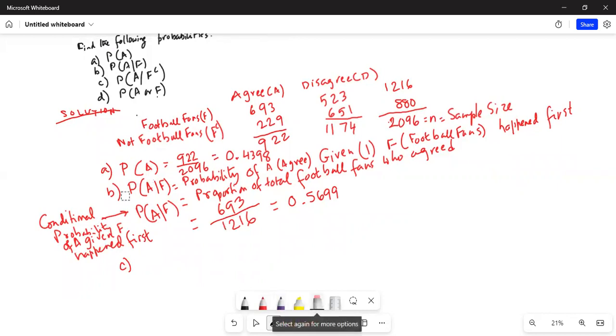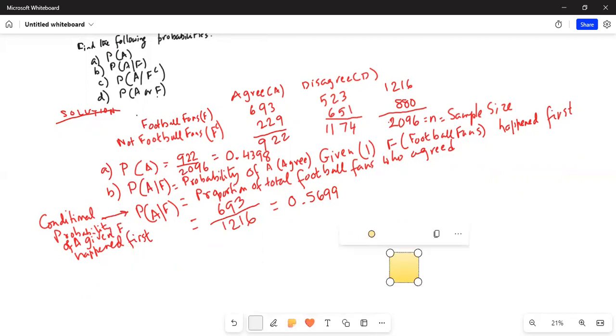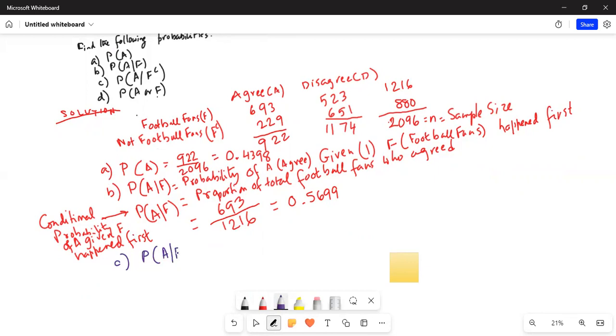Okay. Part C. As I promised, I'll change the color of the ink. So let me erase this. So part C, probability of agree given F complement, given these people are not football fans. What is the total of not football fans? It is 880. This is coming out of here, 880. Not football fans. Out of them, how many agreed? 229. Again, this is a conditional probability.